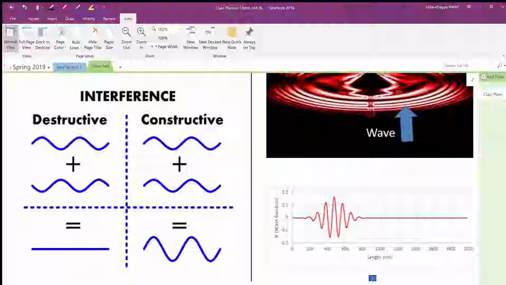Whether we're talking about sound or light, they simply oscillate through space and time. But we don't care about that for now. One of the main differences that you see between particles and a wave is that a wave can undergo what's called an interference pattern.